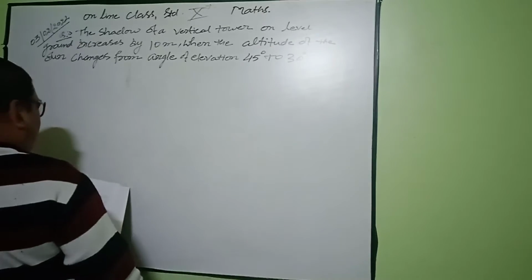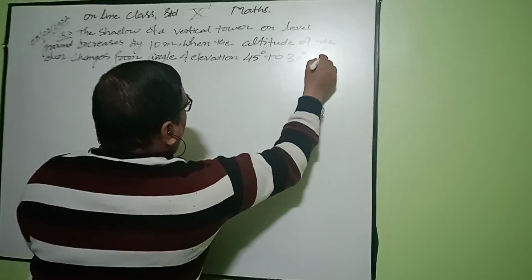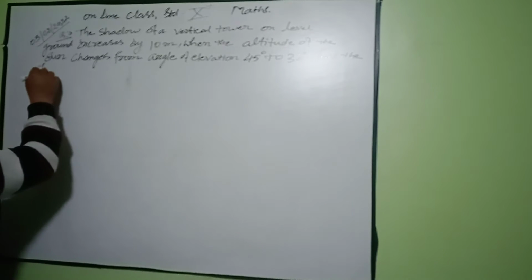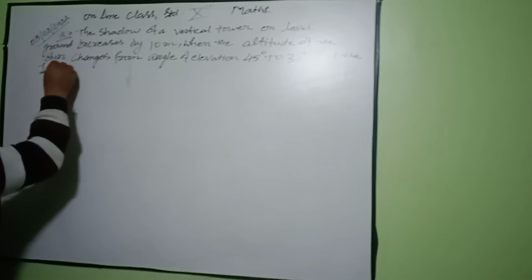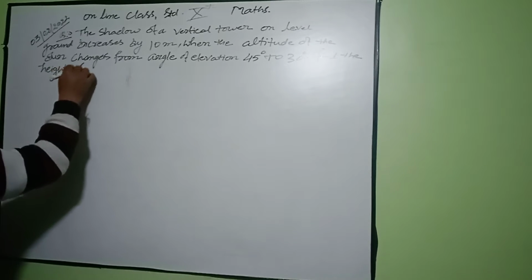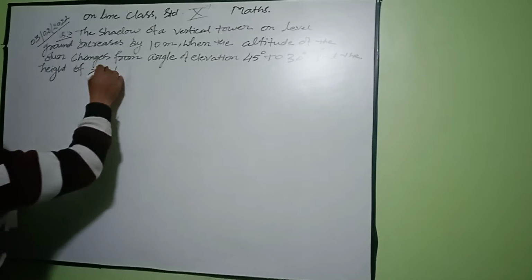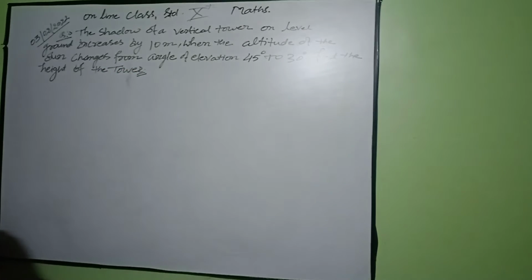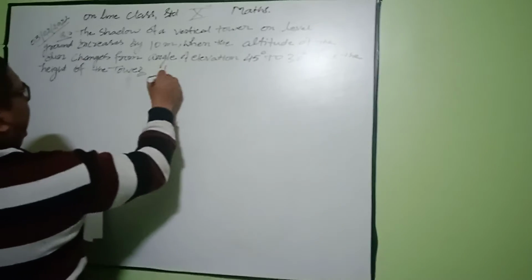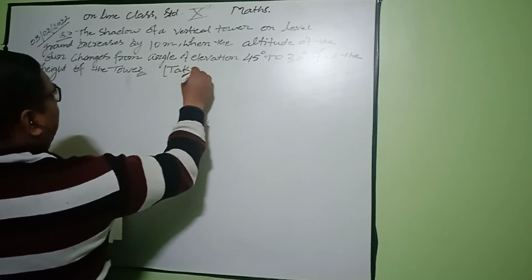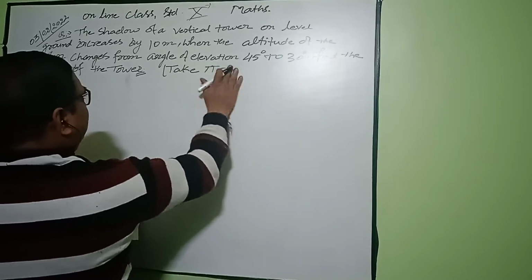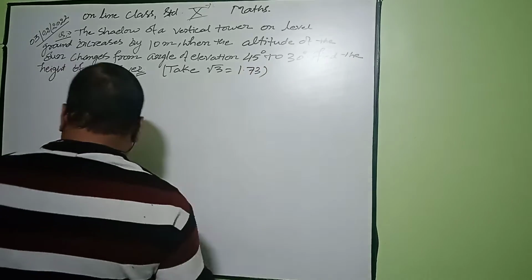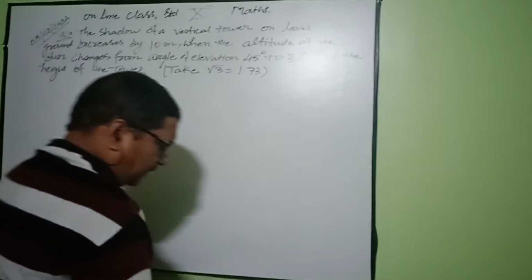Find the height of the tower. Take root 3 equal to 1.73.